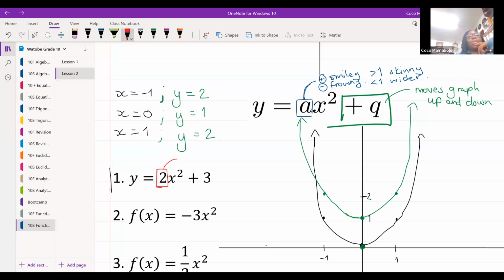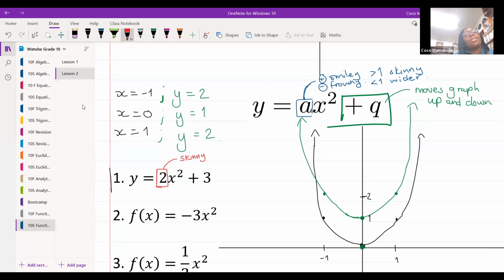Yes, Nyeleti, that's it. Ntwentle, what has it done? It's made it wider. No, remember, it's greater than 1. It's skinnier. Good, it's made it skinnier. Good, it's become skinnier or steeper, or it's closer to the y-axis.